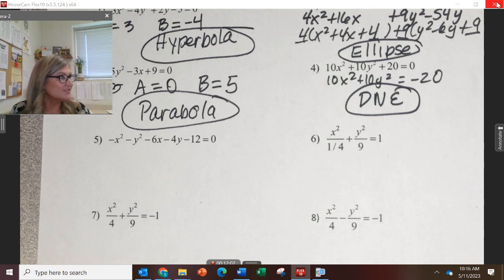What are you going to do first to make the problem easier before you do anything else? Multiply through by negative 1 before you do anything else.